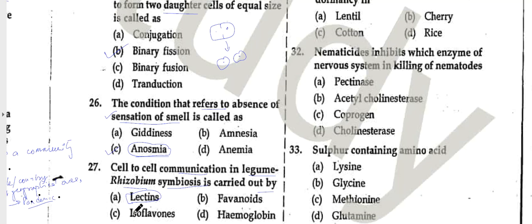These lectins are sugar-binding proteins expressed on the surface of the plant cells. So this helps in cell-to-cell communication between the rhizobium bacteria and the leguminous plants. On the surface of the leguminous plants there will be lectins which will be recognized by the rhizobial bacteria.